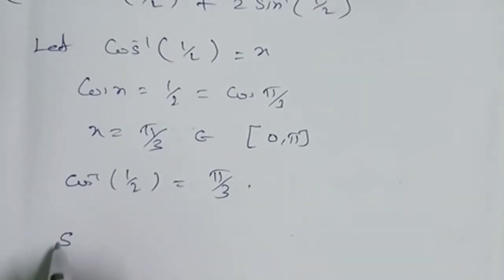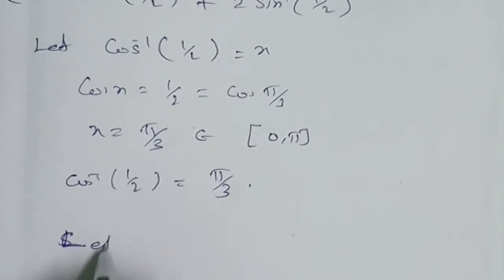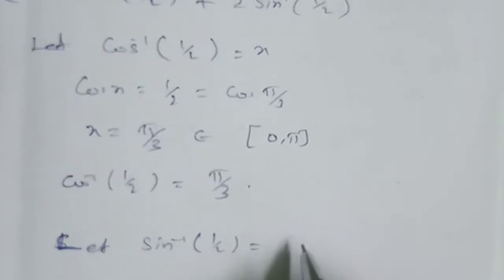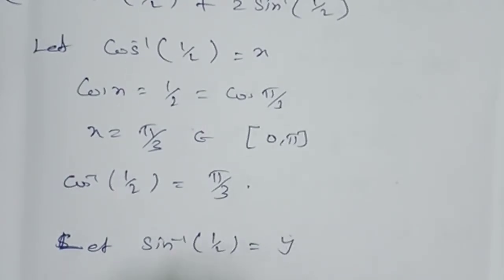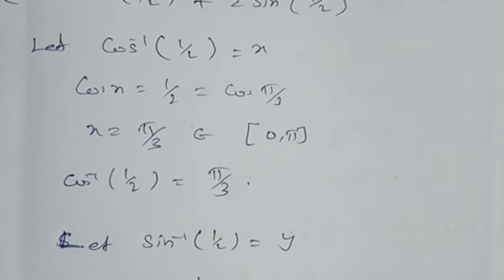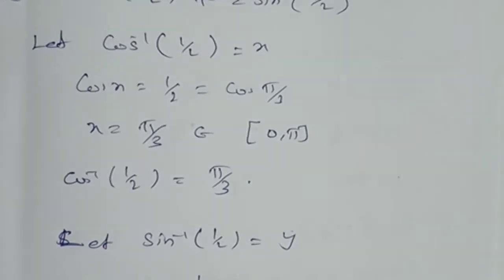Then let sin inverse of 1 by 2 be equal to y. So sin y is equal to 1 by 2, which implies this is equal to sin pi by 6. So y is equal to pi by 6, which belongs to the closed interval [minus pi by 2, plus pi by 2].